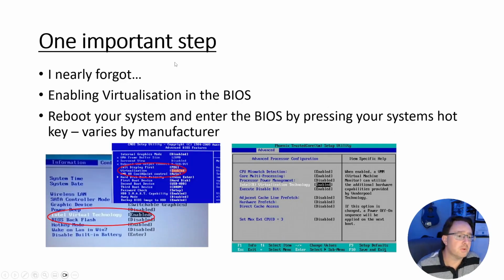There's one important step before we go on with looking at the hypervisors and installing them, and I nearly forgot to put this in, because you tend to do it once and then forget about it, because you don't have to do it again, until you do a BIOS firmware update, which then resets this setting, and then you wonder why your VMs won't start up, like it happened to me a couple of weeks back.